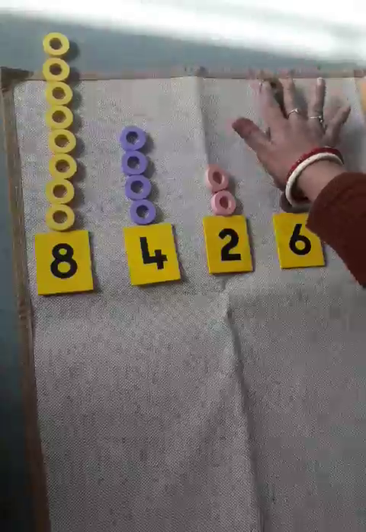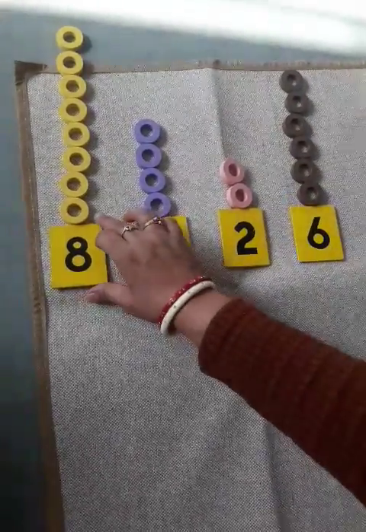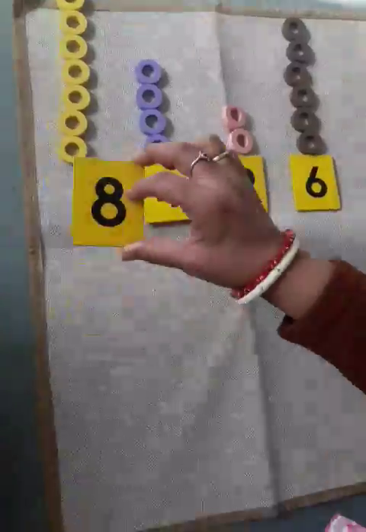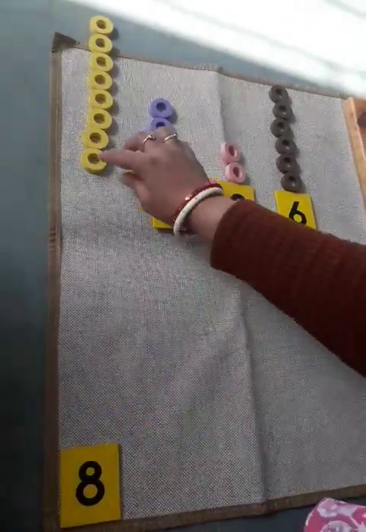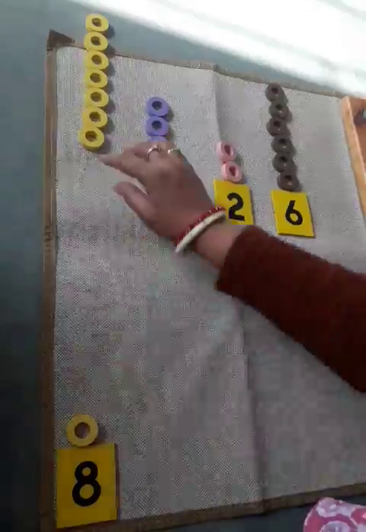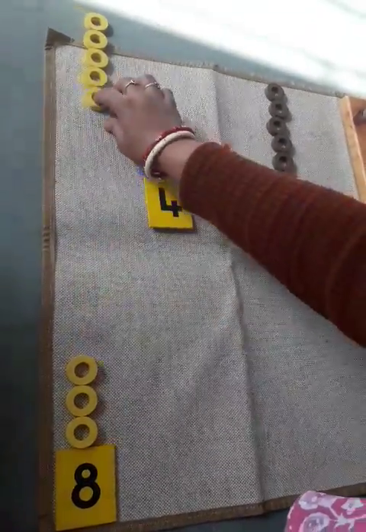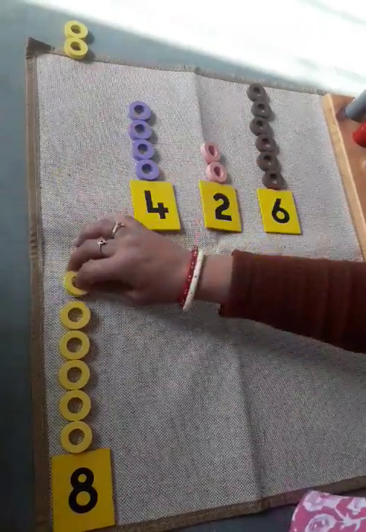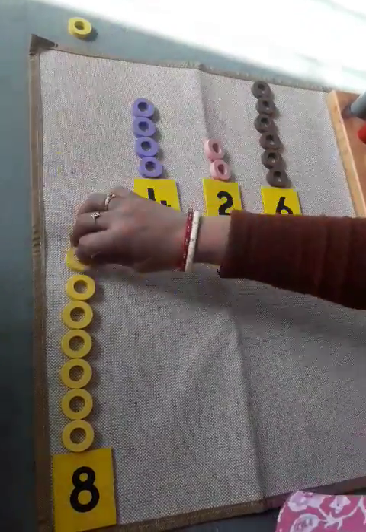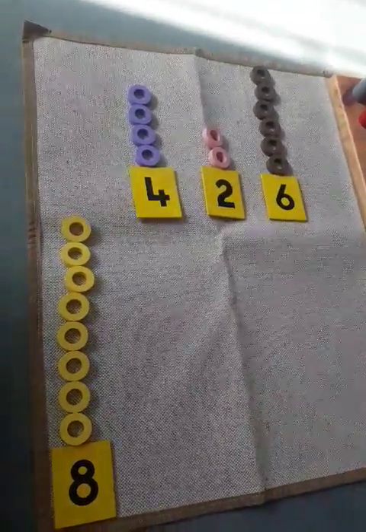We can see this tower also. Okay, so we have to take the number 8 and put it here with the quantity, and we have to count 1, 2, 3, 4, 5, 6, 7 and 8.